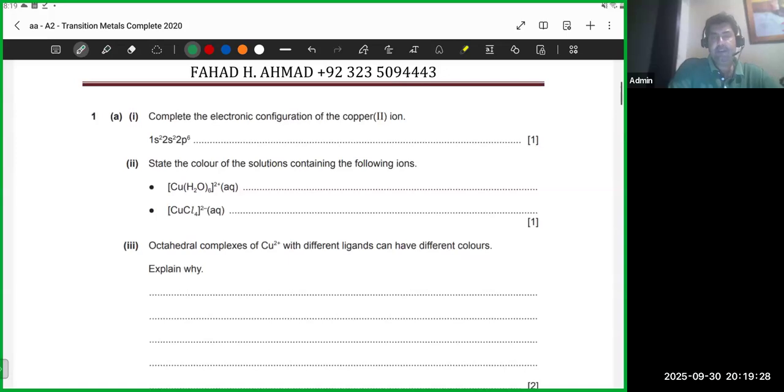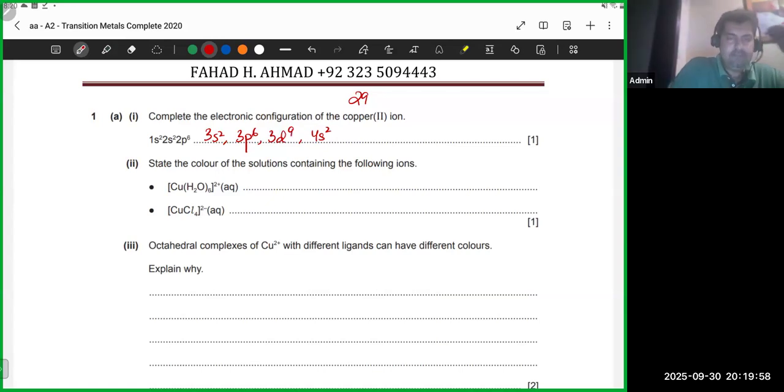Okay, the next question is, what is he asking for? He's asking for the electronic configuration of copper plus 2, right? Copper has 29 electrons. Its electronic configuration is 2p6, 3s2, 3p6. 4s is filled first, and then there would be 9 electrons in the d, right?